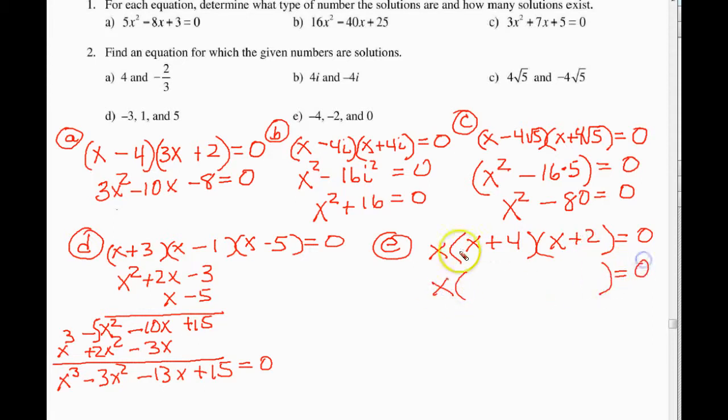So we FOIL this, x squared plus 6x plus 8. Then we distribute the x: x cubed plus 6x squared plus 8x equals 0.